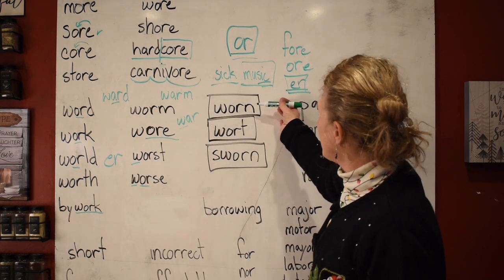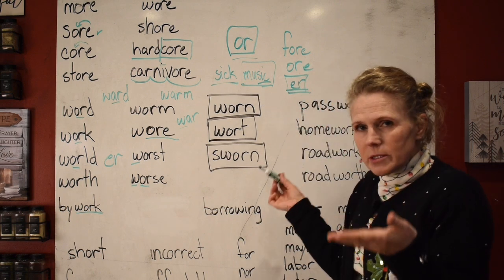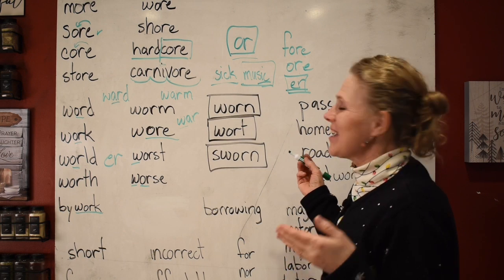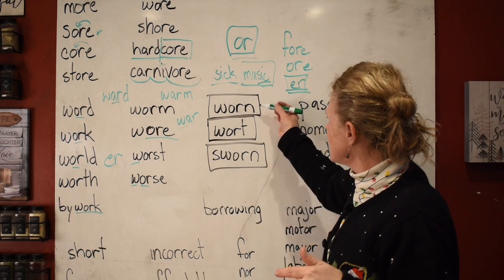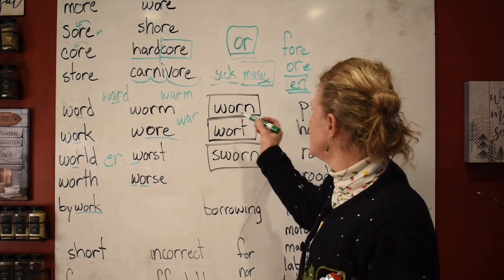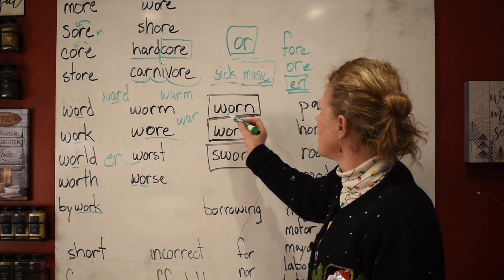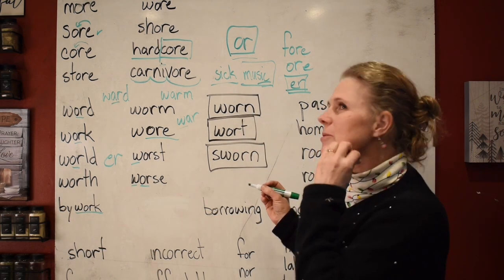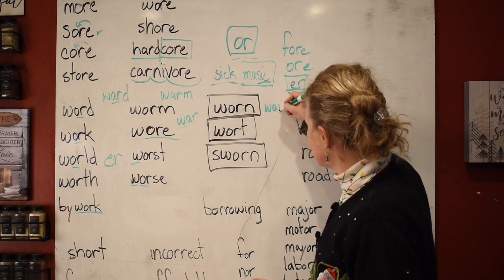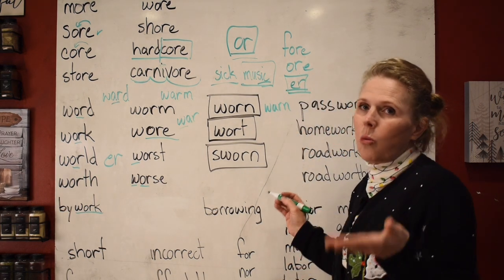Now this is kind of fun. Sometimes we have words like this, and it's saying the exact sound that the OR says. This says worn. Part of the reason why this says this is because we have a worn this way.